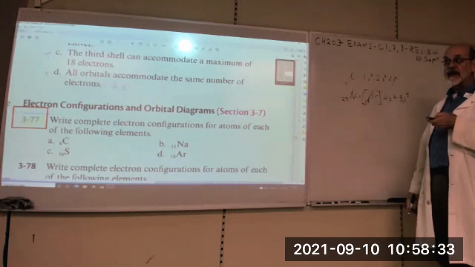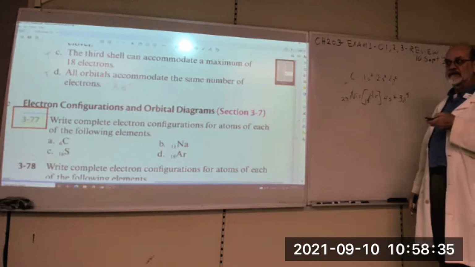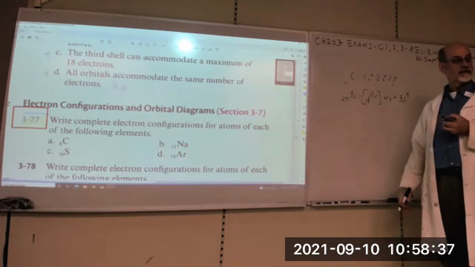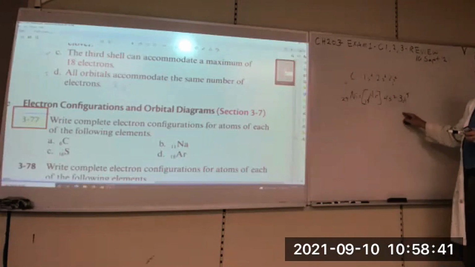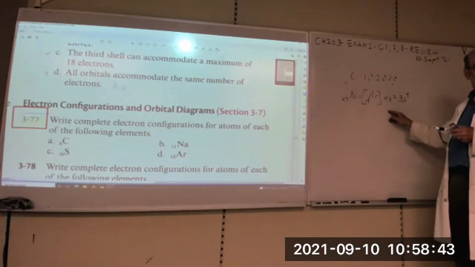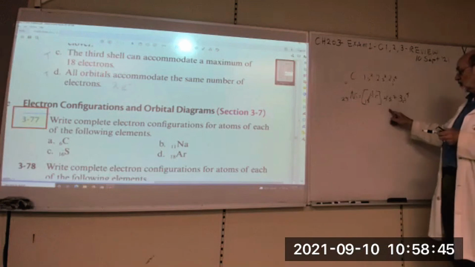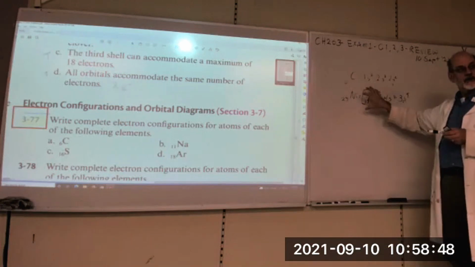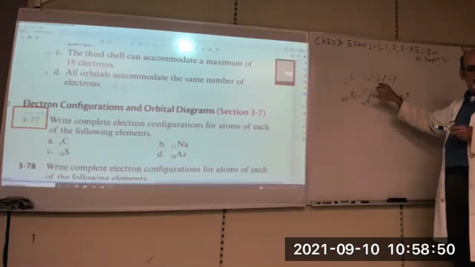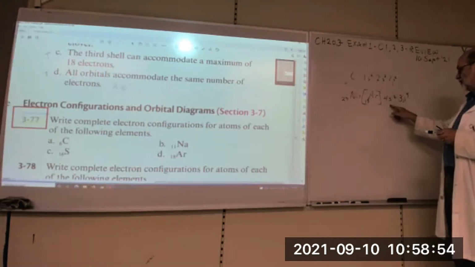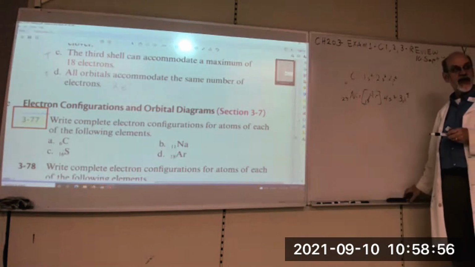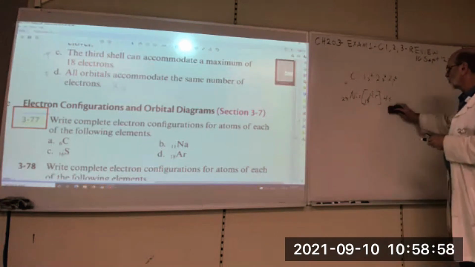At that stage, everything above it has been filled to that point. Okay. And these are really the only ones you're interested in anyway, in a chemical reaction. You don't care about those. This is known as the core. These are core electrons. They don't participate in chemical reactions. These are the ones that do the reacting.